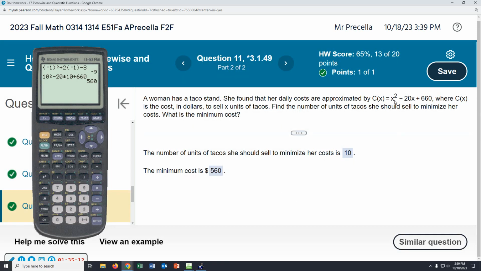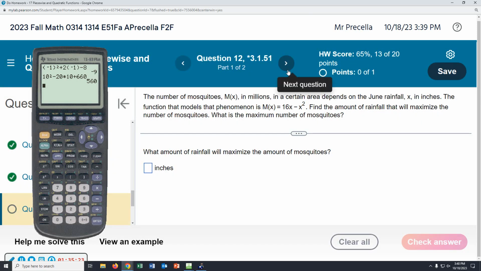So for these word problems, you're given a function. If you just do minus b over 2a and plug it in, that'll get you the answer. Sometimes students skip the word problems no matter what. Well, don't do that. Don't skip them. Okay. Oh, this one's a little tricky because of the way the function is written.